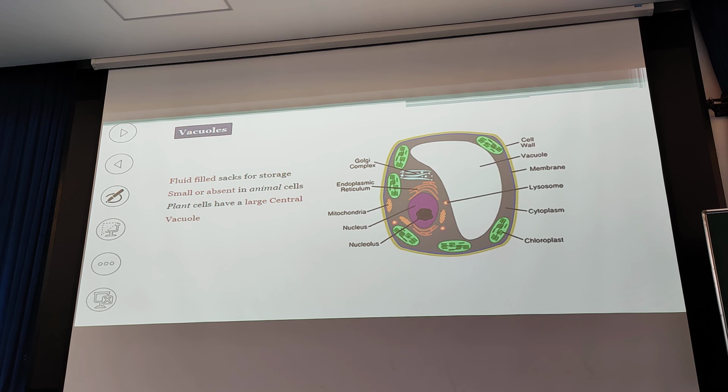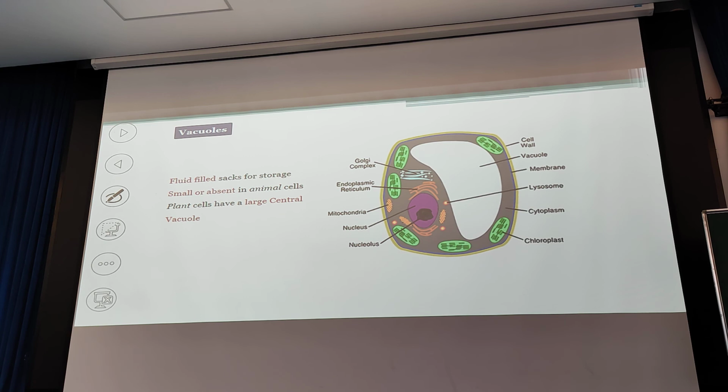The next organelle is the vacuole. When I introduced the nucleus, I said that the nucleus is the biggest organelle inside the cell, but it's not really true for the plant cell, where they have the giant vacuole.